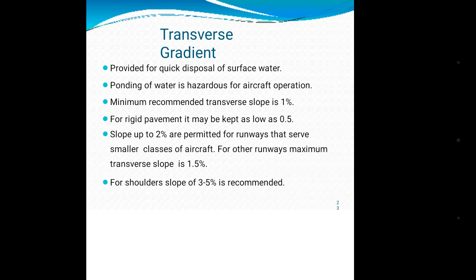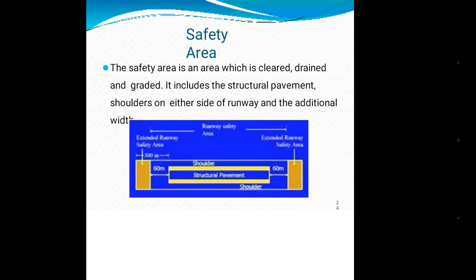So this is about the transverse gradient. Then safety area. The safety area is an area which is cleared, drained and graded. It includes the structural pavement, shoulders on either side of the runway and the additional width. So for the runways also we have the safety area which has been reserved.